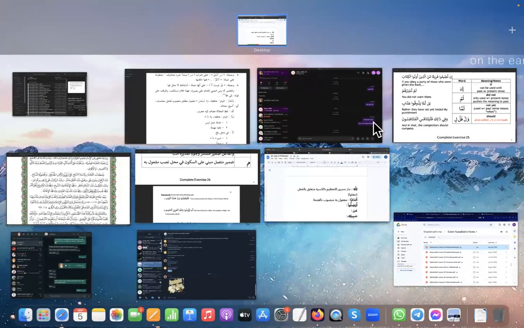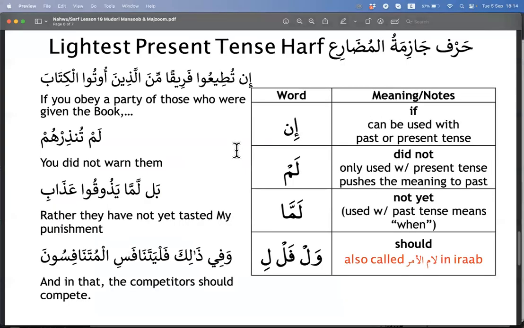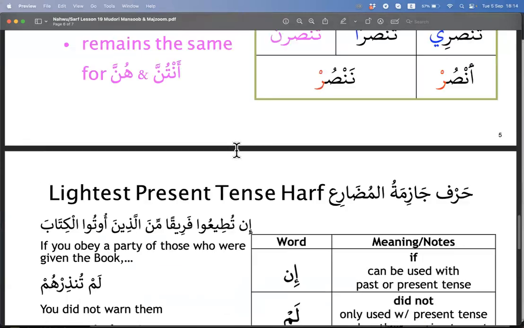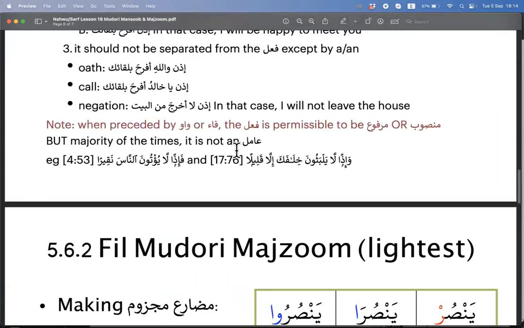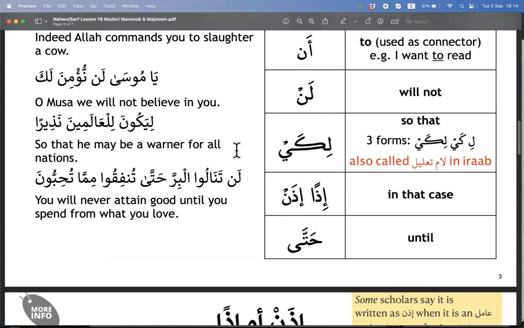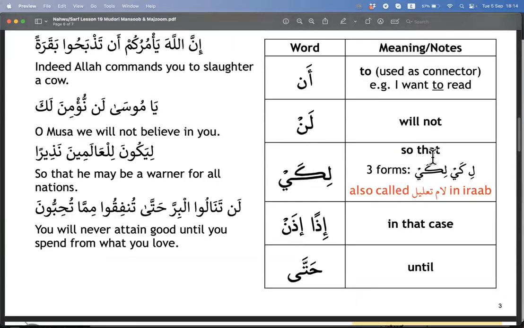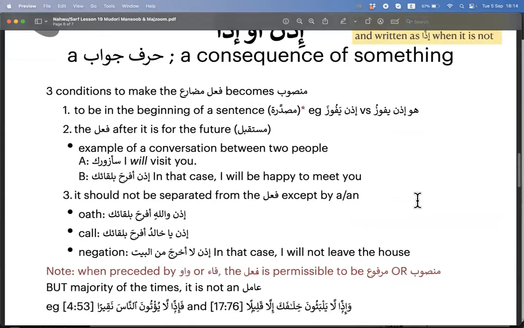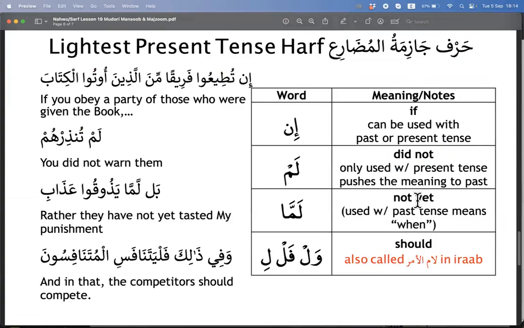Li nasibah, what's the translation? Remember, it's like likai, so that. In irab, it's called lam ta'lil. Lam amr, just now we know, is should.